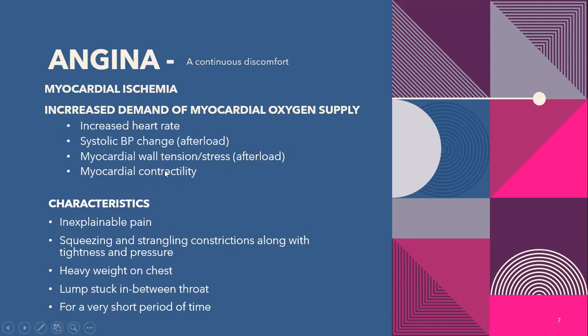So in this way, there is tension and stress on the walls of the myocardium, that is the heart muscles. When the heart is not in the resting position, the blood pressure changes, and that ultimately causes an increased heart rate, because the heart is requiring an increased amount of oxygen.